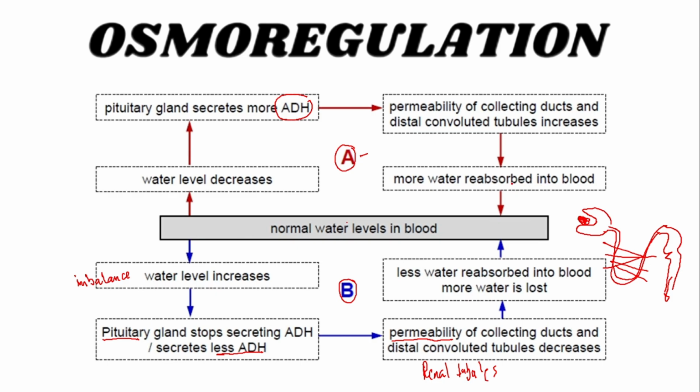Because no water is going to be lost. So you will urinate less because obviously the water levels have decreased, so you don't want to urinate and lose more water than you would actually want to, okay? So that's very important. All right, so moving on.